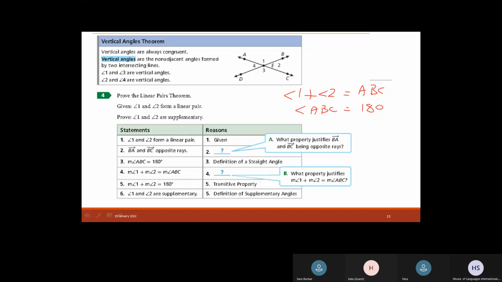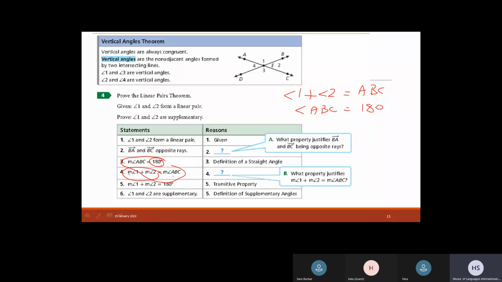Now let's come here. We said that when they make a straight line, the straight line means 180. So any two angles, any three angles on this line, their summation will be 180. So if 1 and 2 are ABC, and ABC is 180, can I say that 1 and 2 is 180? Because of the transitive property that we talked about before.